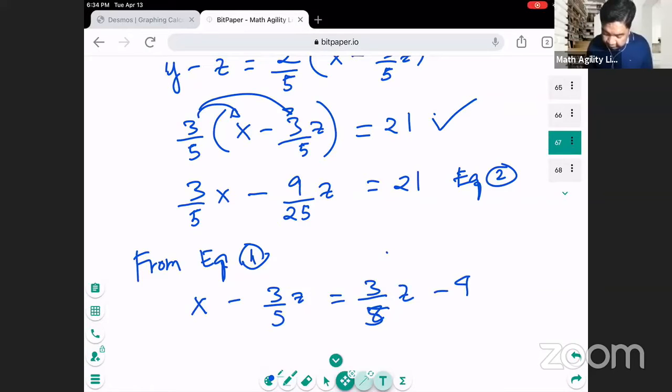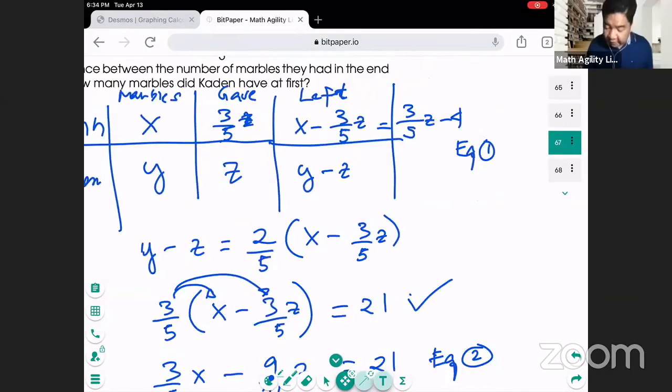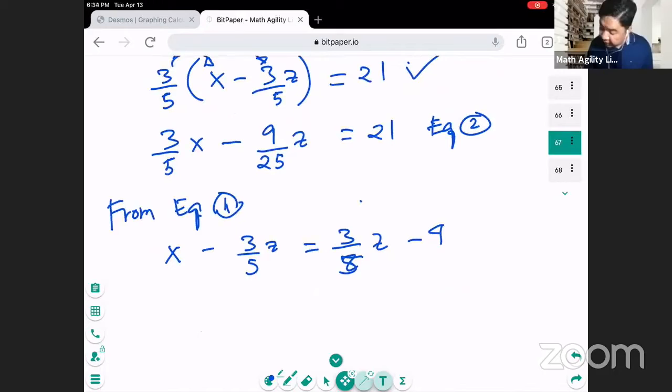This is actually from the first equation. So if we simplify, this would be x equals 6/5 of z minus 4. And I would name this equation 3.